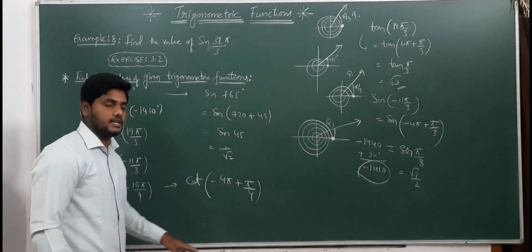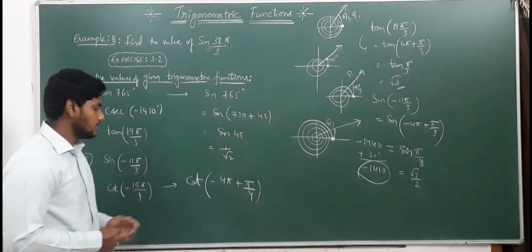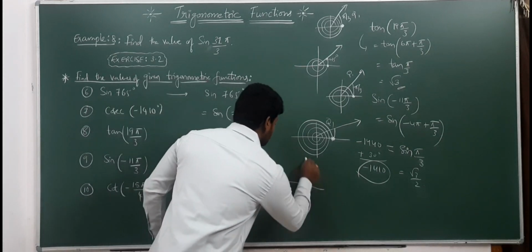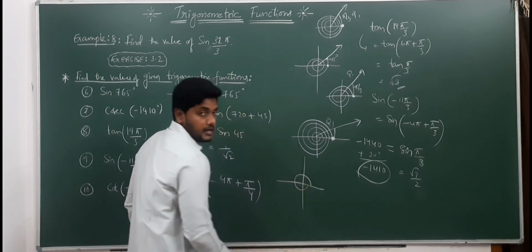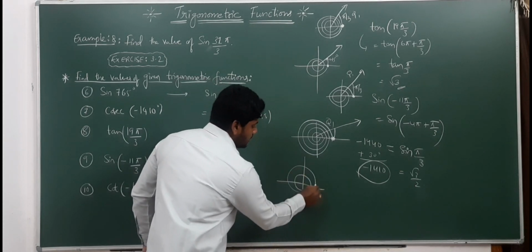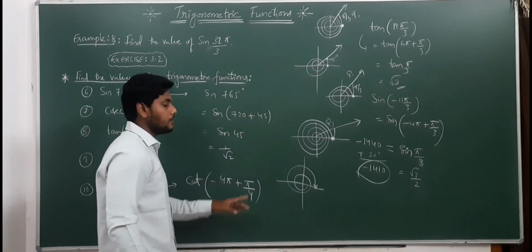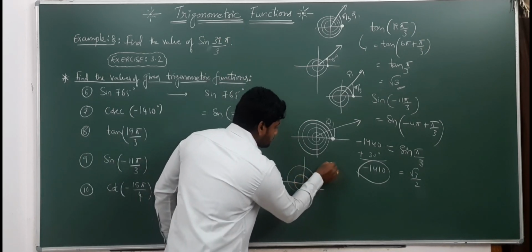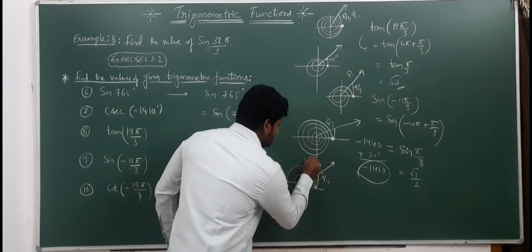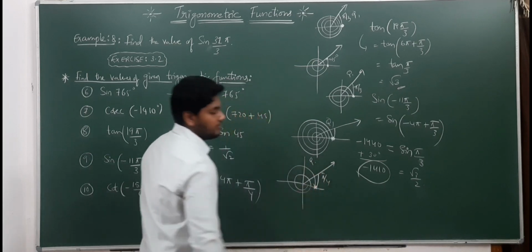Minus 16 plus pi will become minus 15 pi, right? So minus 4 pi plus pi by 4. Minus 2 pi, minus 4 pi. Minus 4 pi plus means anticlockwise. This is pi by 4, which is in quadrant 1, which is an even angle.